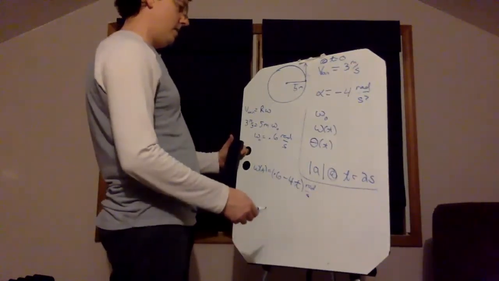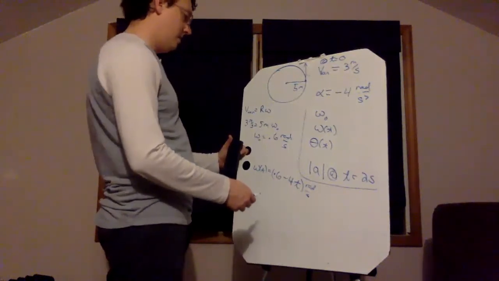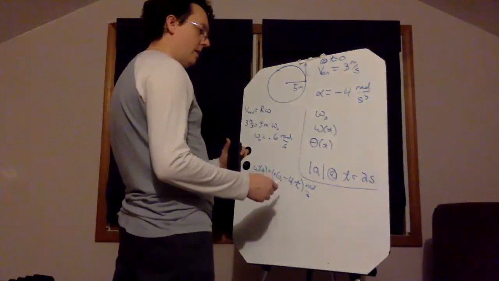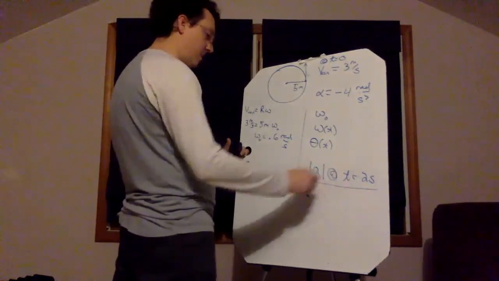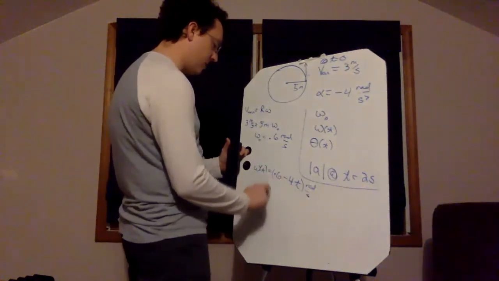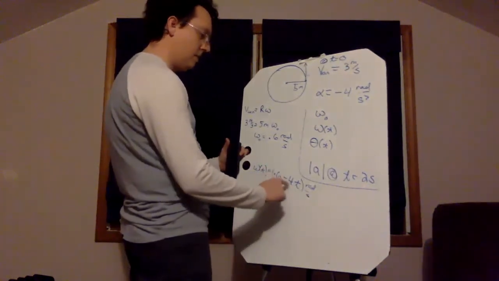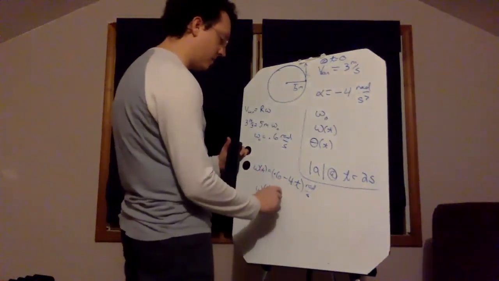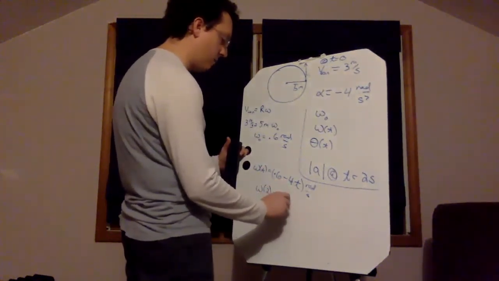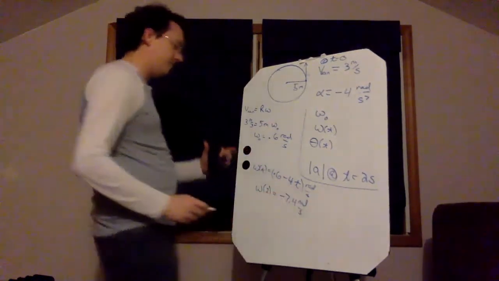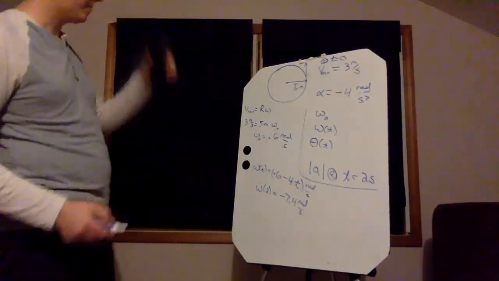Okay, fine. Why don't I go ahead and evaluate this to say that omega at 2 seconds is going to be -8 plus 0.6, that's going to be -7.4 radians per second. Okay.